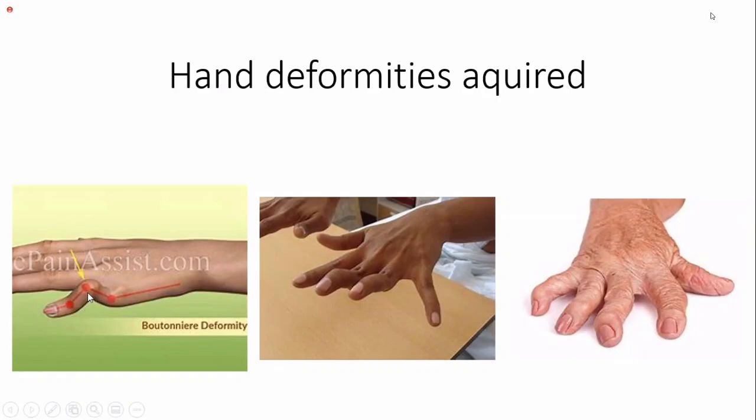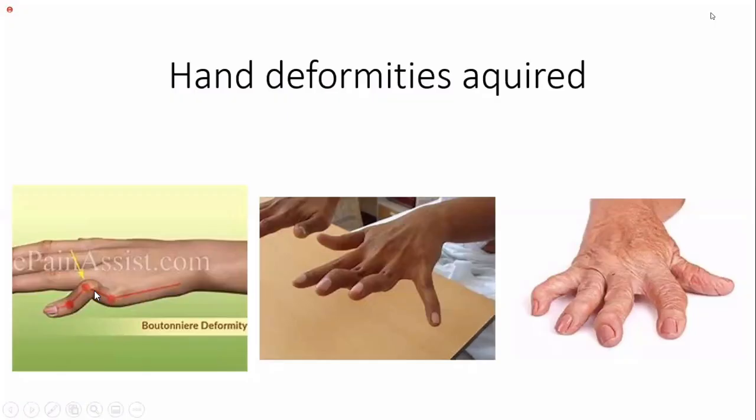Right here, the proximal interphalangeal joint is bent, and the distal interphalangeal joint is extended, and this is called swan neck deformity. Right? Here, opposite of this one, the distal interphalangeal joint is flexed, sorry, flexed, and the proximal interphalangeal joint is extended.